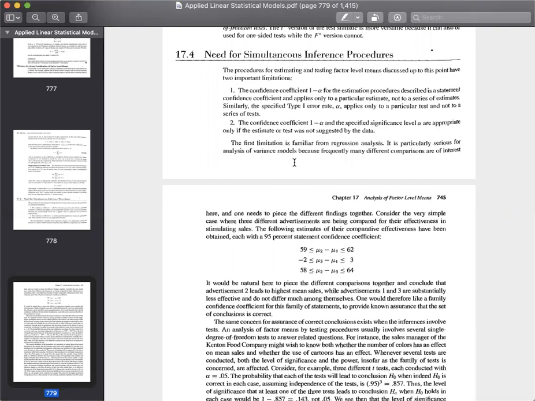The second limitation, namely that the estimate or test must not be suggested by the data, is an important one in exploratory investigations where many new questions are often suggested once the data are being analyzed. The process of studying effects suggested by the data is sometimes called data snooping.